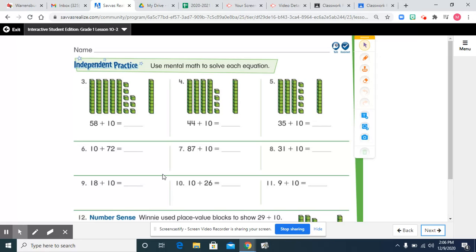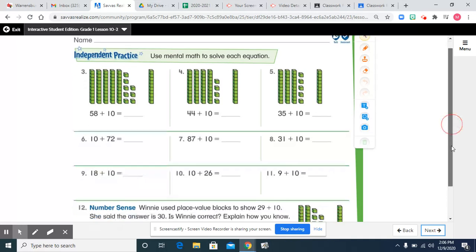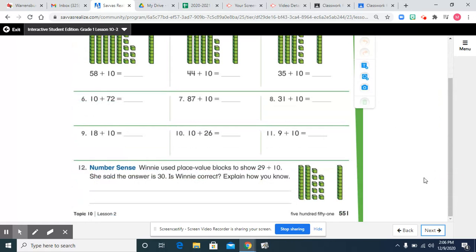If not, you can use your number grid that goes to 100 or 120. You can also use the strategy where the number in the tens place just goes up by 1 if you're adding 10. Okay? So do this page 1 through 11 and number 12 if you want. You don't have to do the bottom.